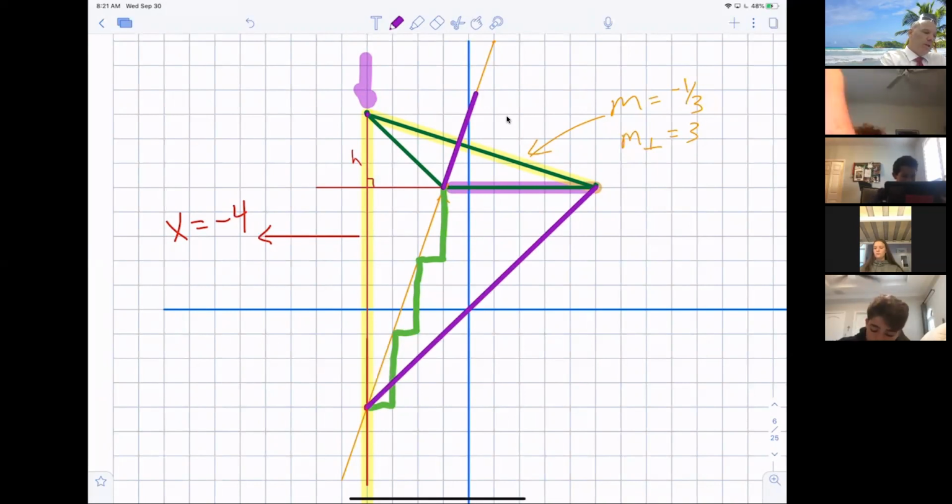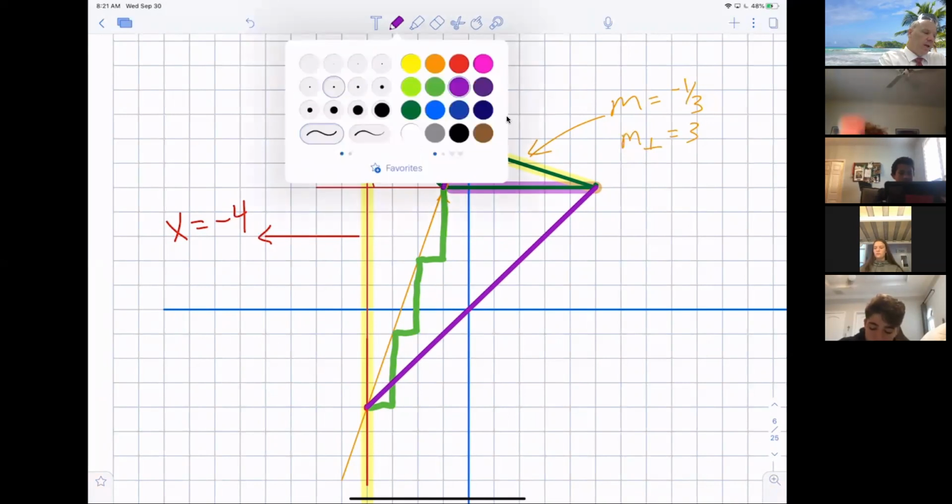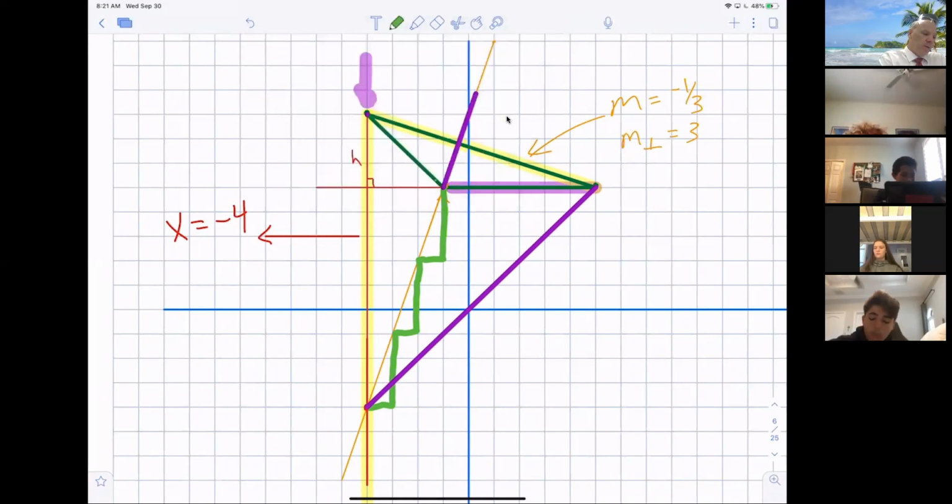Now watch me. I'm going to extend that green line, not as thick. I'm going to extend this green line right there. And what do you know? It's perpendicular. You with me? So you're always going from a vertex to an opposite side. That's what we're trying to look at. And a lot of times you can just eyeball it because you're pretty good at seeing a 90-degree angle. All right?